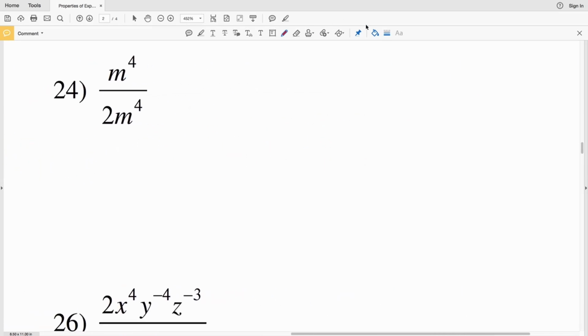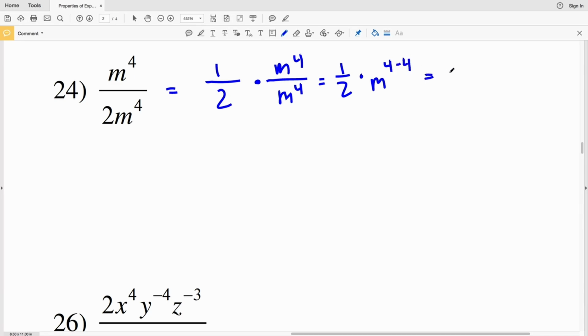In number 24, I'll write this as 1 over 2, or 1/2, times m to the fourth over m to the fourth, which is 1/2 times m to the 4 minus 4, which is 1/2 times m to the 0, which any number or variable raised to a power of 0 is simply 1. So that's 1/2 times 1, which is equal to 1/2.